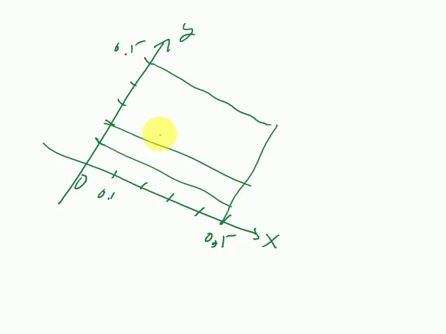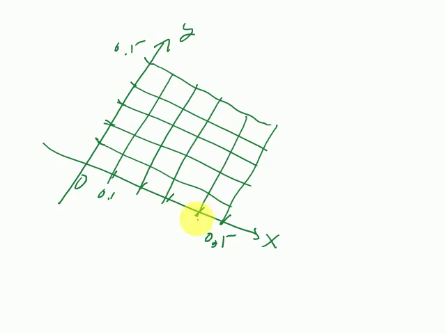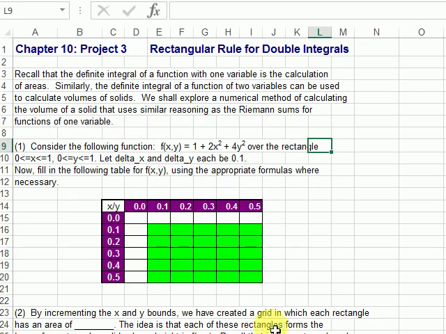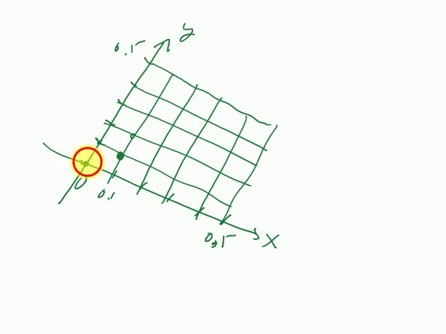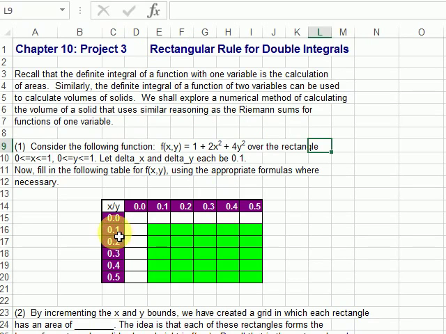If you draw grid lines according to those points, these are the points, the cells in this table. So 0, 0 is here, and let's say 0.1, 0.3 is this one.